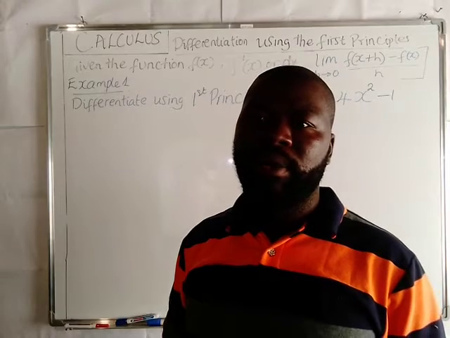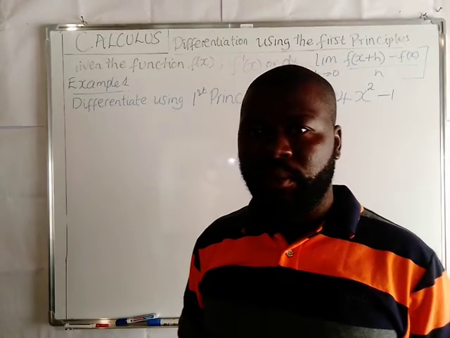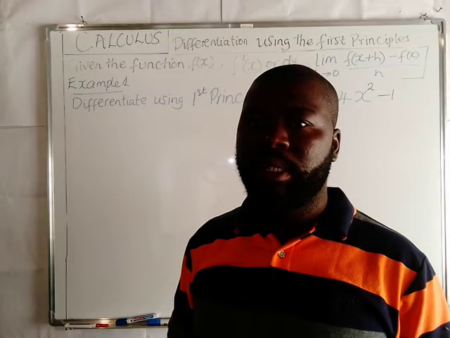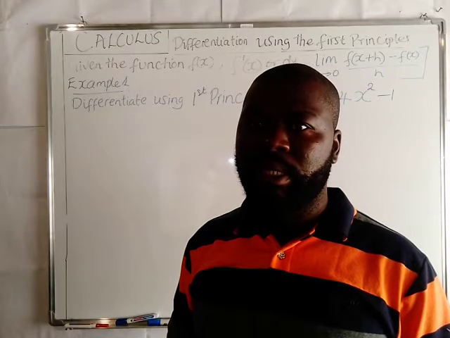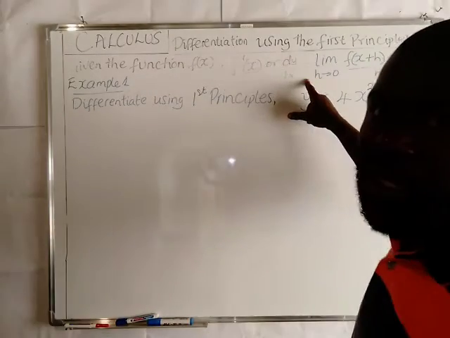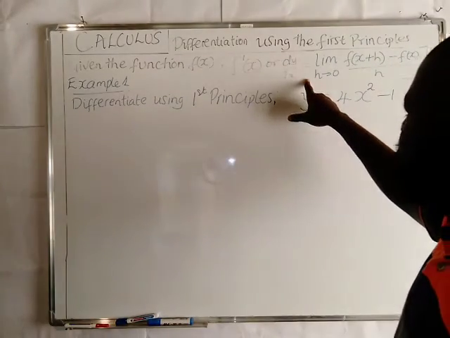We are continuing our journey on calculus, where we are looking at differentiation using the first principles. As we have seen on the board, this is what we call the first principle.